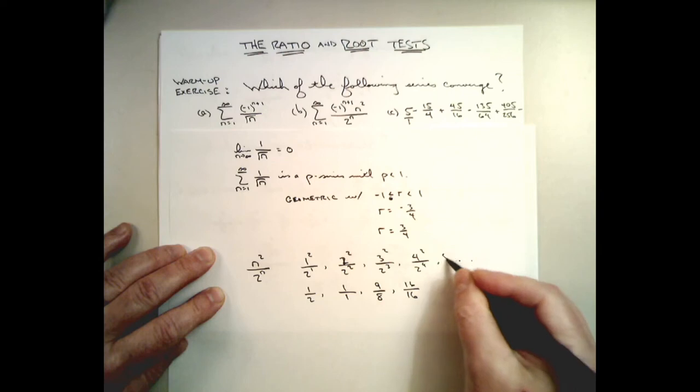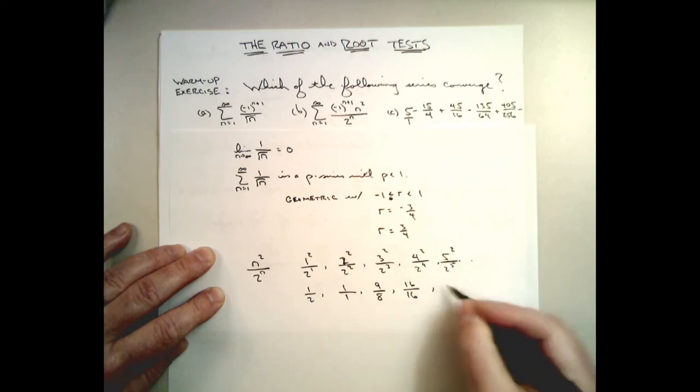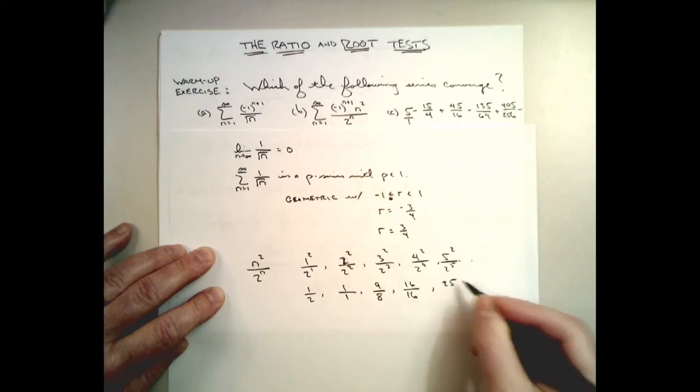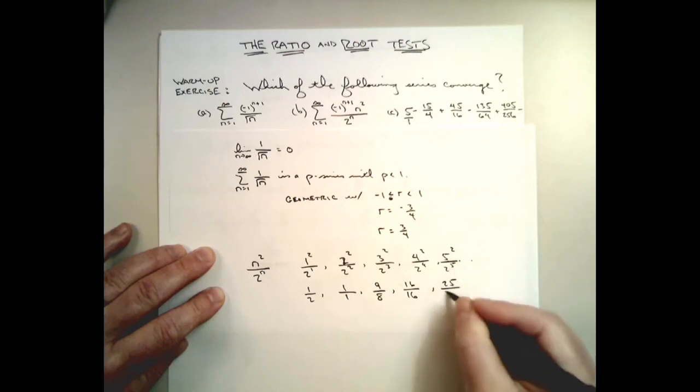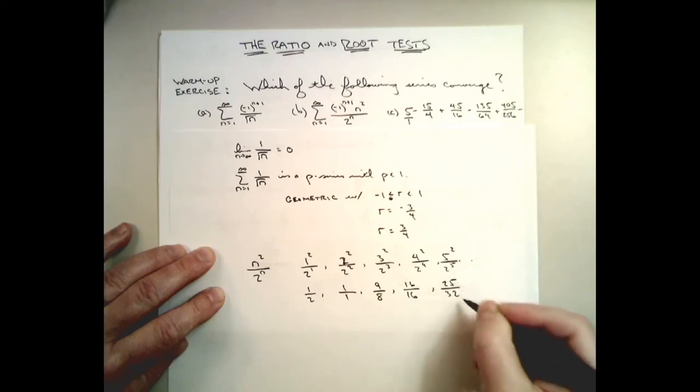Let's go one more, 5 squared over 2 to the fifth. Well, now we're at, let's see, 5 squared is 25, 2 to the fifth is 32. That number's less than 1.